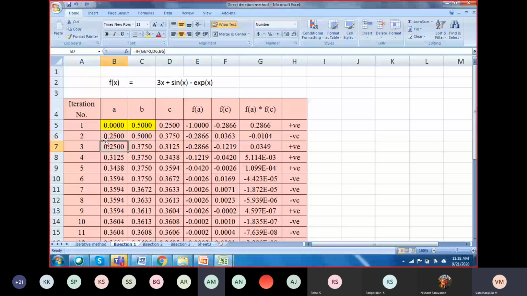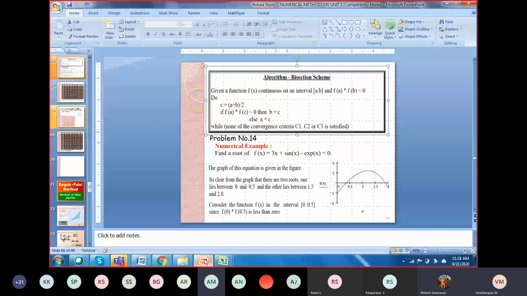Is it clear? Can you show that PowerPoint slide once? The bisection method is a very simple technique. You solve till your iteration number 5 and stop your iteration at point number 5. You have to do the manual calculation, because you are already aware of the Excel.